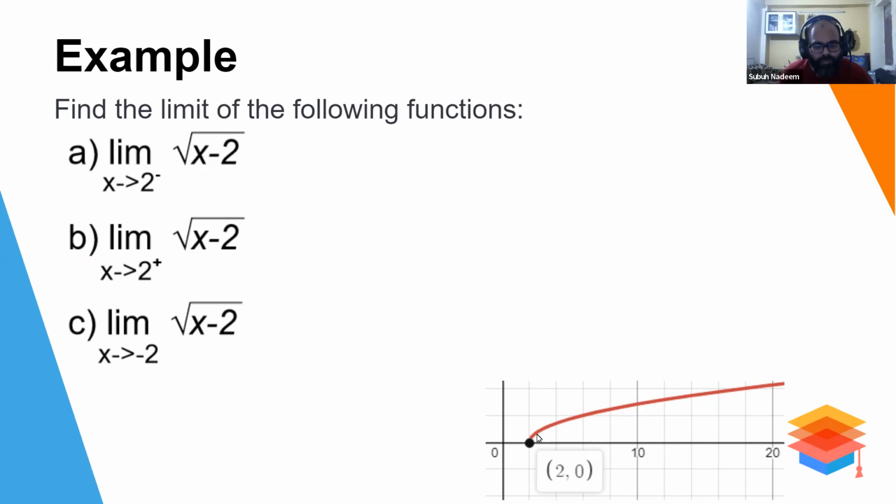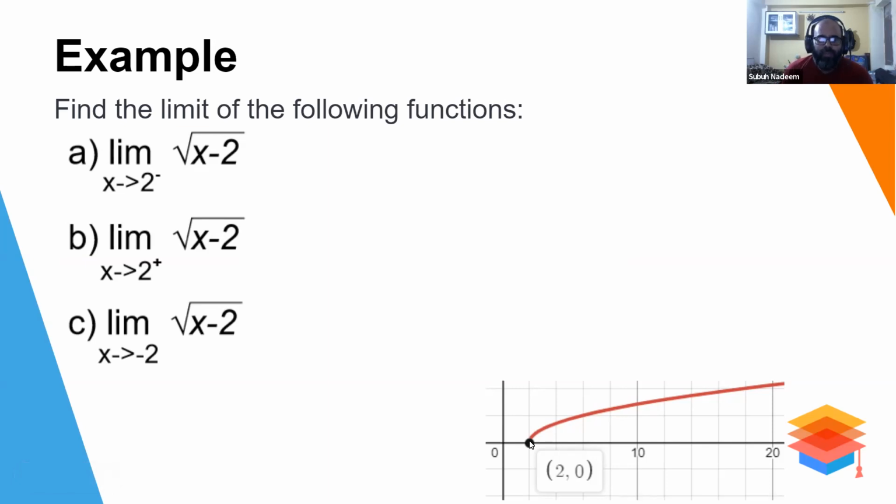So the second one. You can just substitute 2 there because, as we just studied in the previous slide, in case of an algebraic function you just substitute the value. So substitute 2 there. 2 minus 2 will be 0. The approaching value is 0.